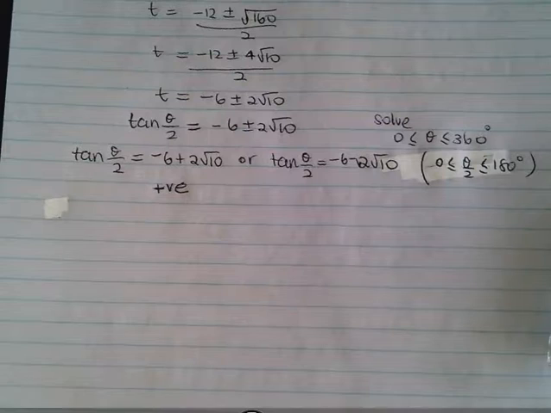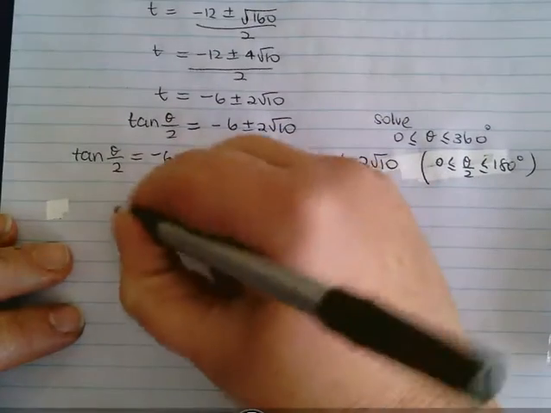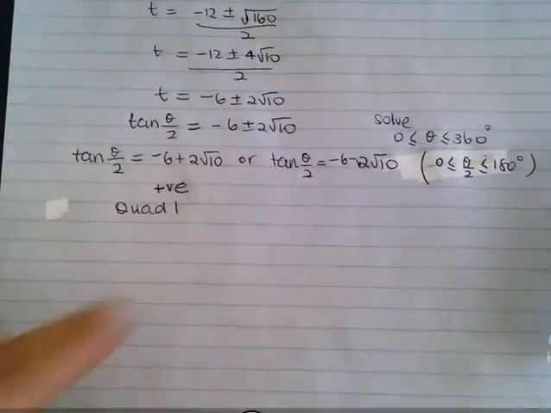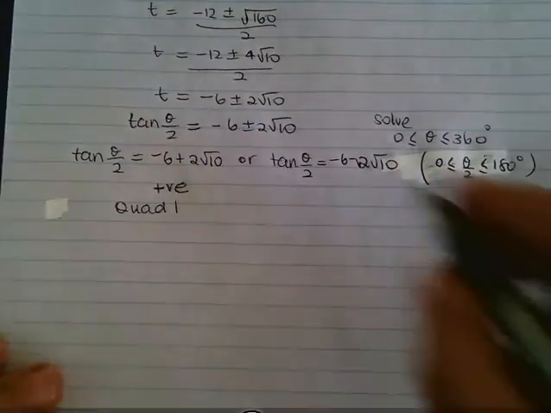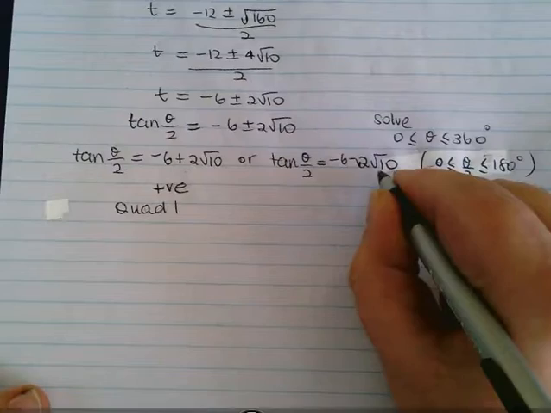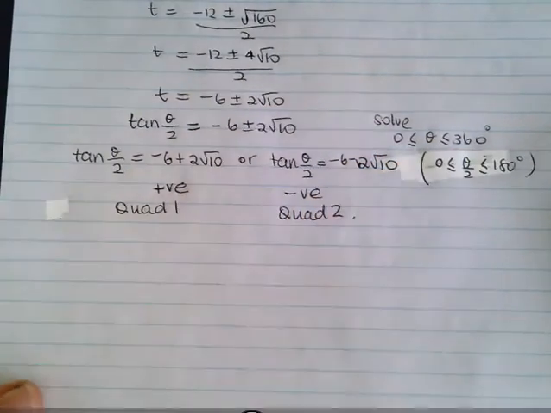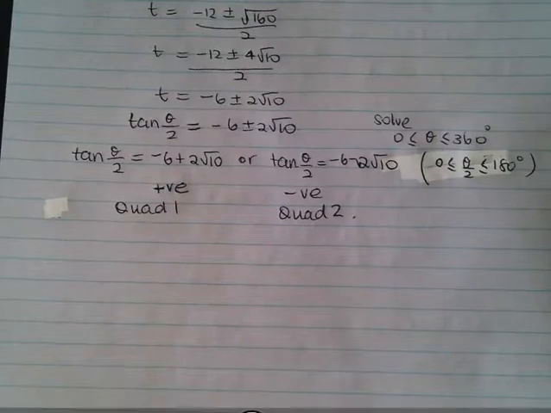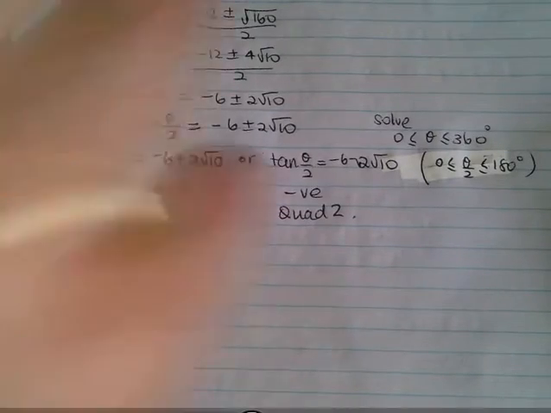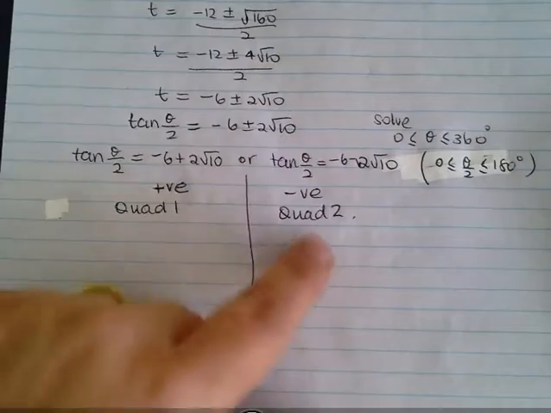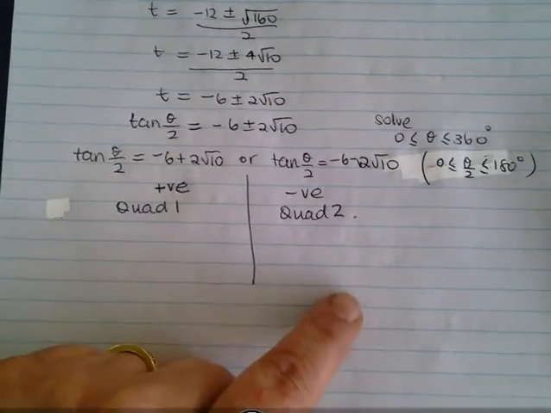It's positive. What's that tell me? The quadrants. What quadrant is this? Good. I don't have to do quadrant 3 because we're only going up to 180. This one's definitely negative. This is my quadrant 2 result. So I don't have to bother about doing anything apart from quadrant 1 here. I don't have to bother about doing anything apart from quadrant 2 for this one.